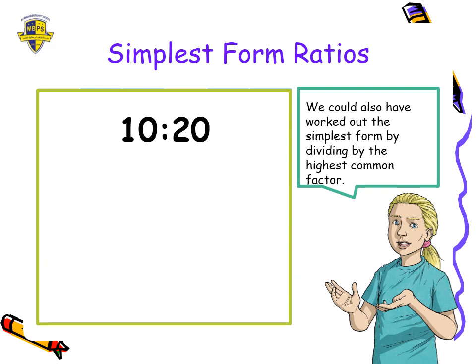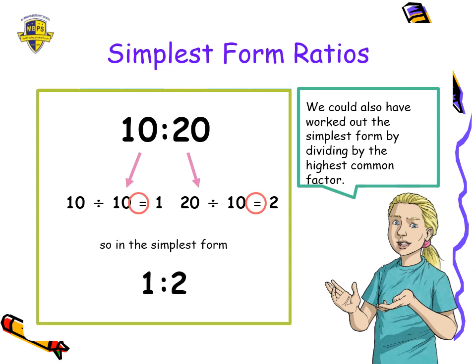Because 10 is a factor of 10 and 20 together. So 10 divided by 10 equals what? Equals 1. Good. And 20 divided by 10 equals 2. So here the simplest form will be 1 to 2. So 10 to 20 equals 1 to 2. Okay? And how do we simplify? Using division.